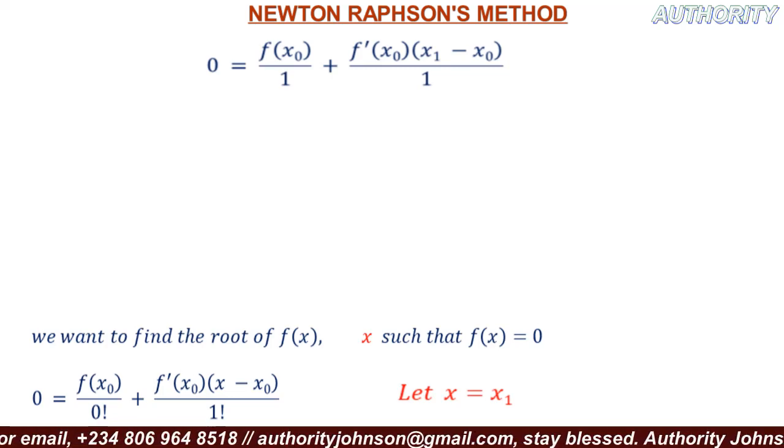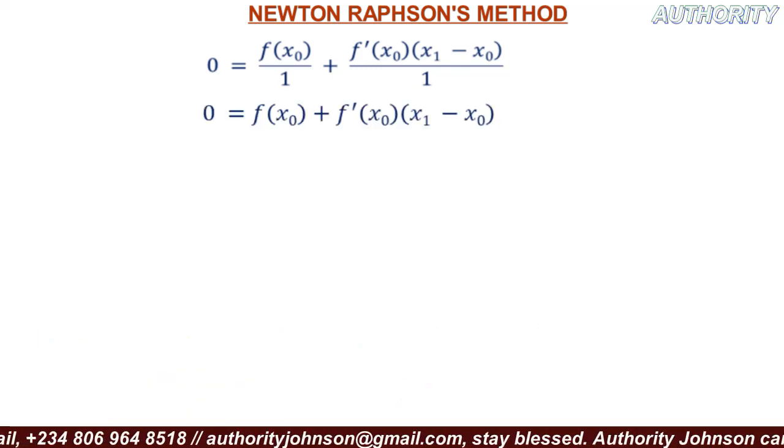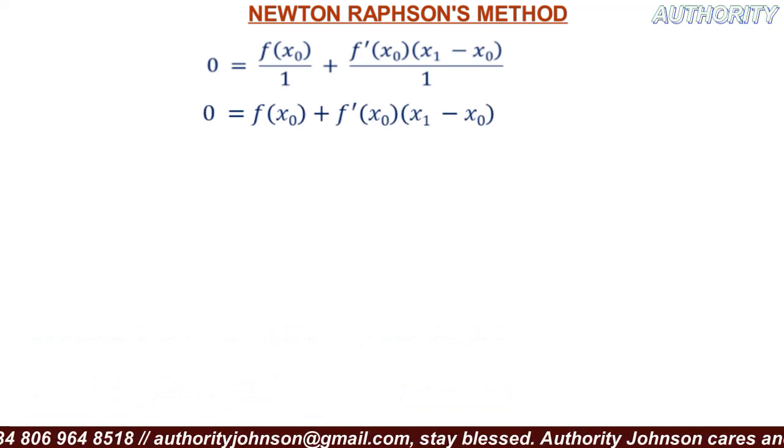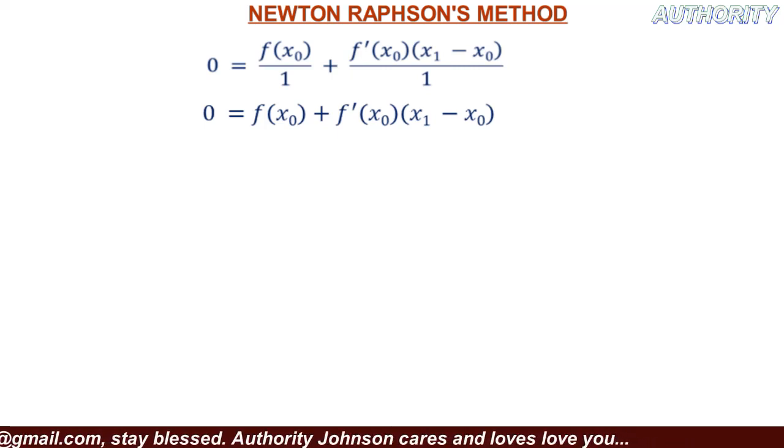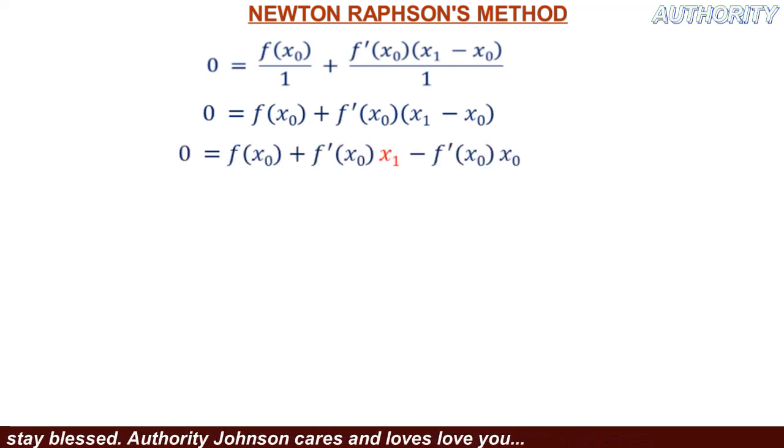Good. When you simplify this further, we have 0 is equal to f of x naught plus f prime of x naught times x1 minus x naught in bracket. Let's use f prime of x naught to open the bracket. You are going to have 0 is equal to f of x naught plus f prime of x naught multiplied by x1 minus f prime of x naught multiplied by x naught.